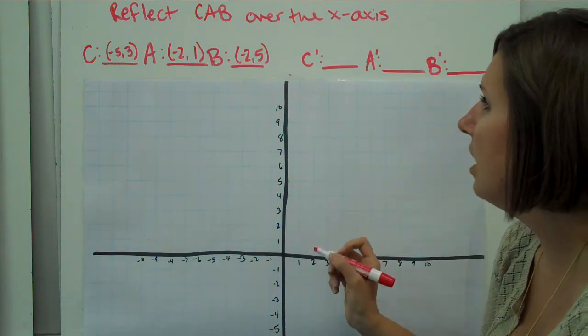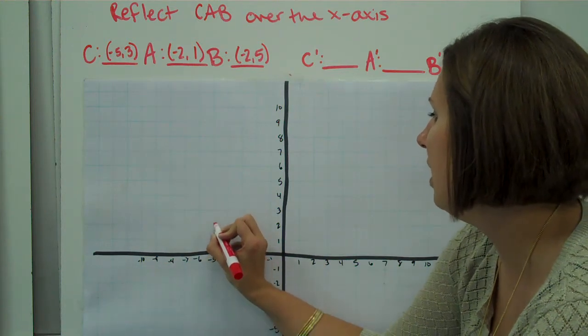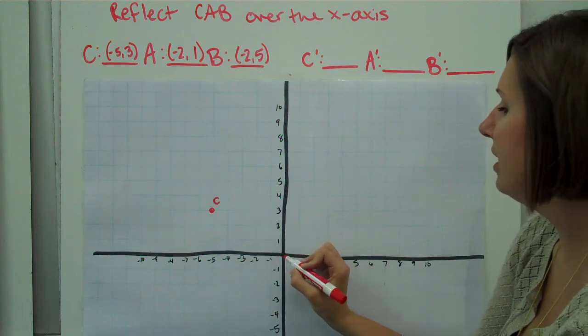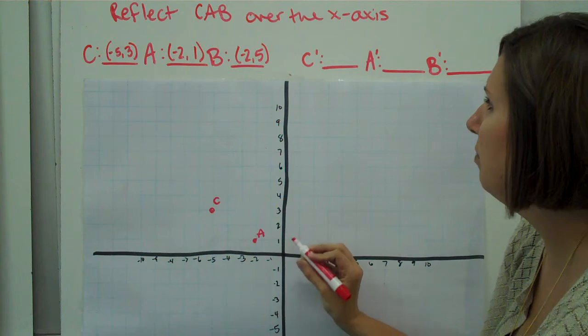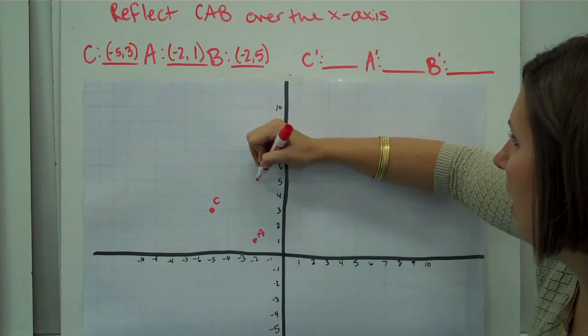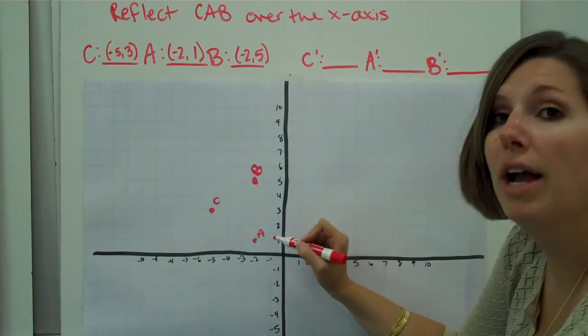So I've got C is -5, +3. A is -2, +1. And B is -2, +5. Okay, looks like a triangle.